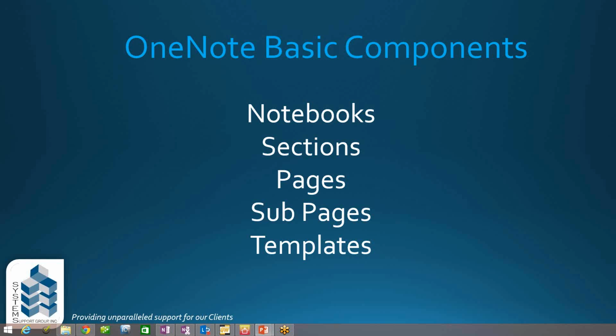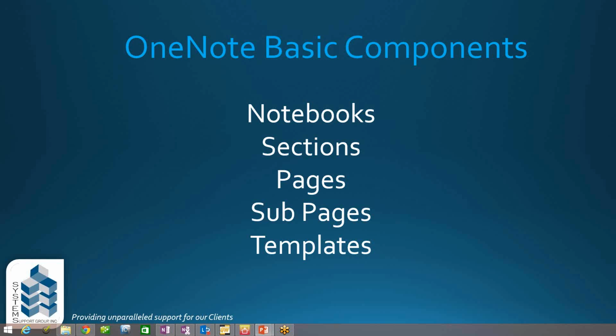What it is, is an application that allows you to take notes and gather information, and it uses the view of a regular notebook. So you have the notebook itself, and you have sections or tabs. You remember when we were in school, you'd get a bound notebook with tabs in it, or you'd buy a binder and put tabs in it yourself.